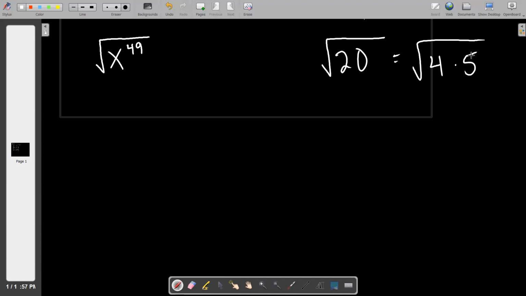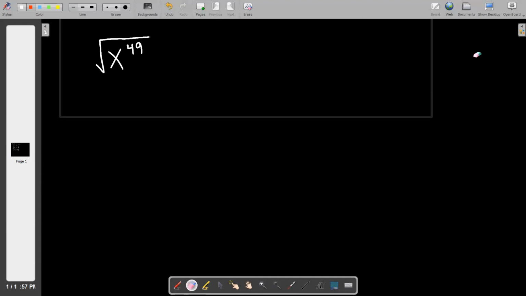Because your thinking is, I hope, that 4 is square rootable, isn't it? 4 is what we call a good guy. And if 4 can break out of jail, then I've made progress. So I want to apply that same thinking on a much maybe weirder level. What can I do with x to the 49th to make it a really big good guy times a leftover guy?